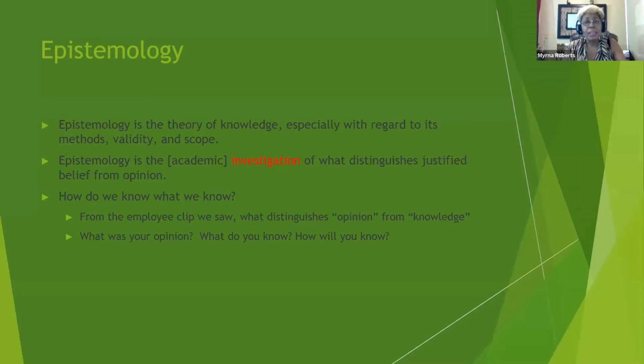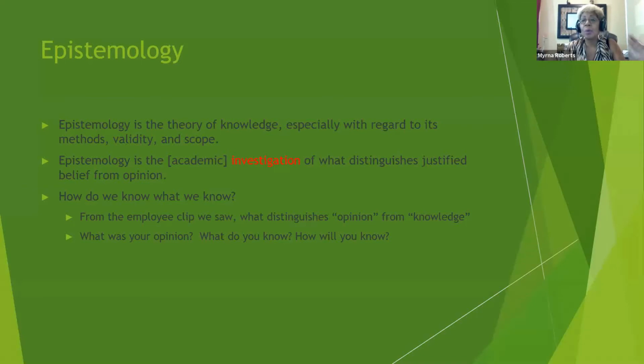Okay, so epistemology is the knowledge, especially with regard to method, validity, and scope. I'll explain all that. Epistemology is the investigation of what separates opinion from fact. You can count on epistemology to make that difference. What's the difference between opinion and fact? Epistemology is about how we know what we know is true.